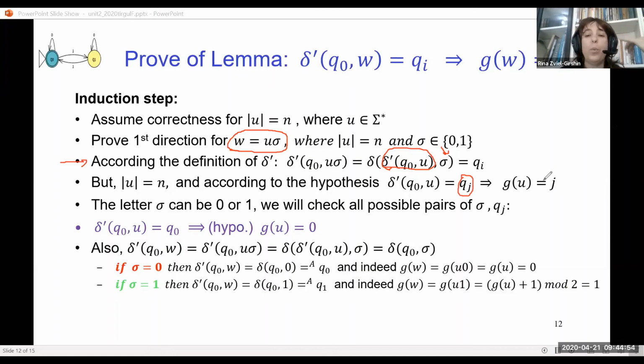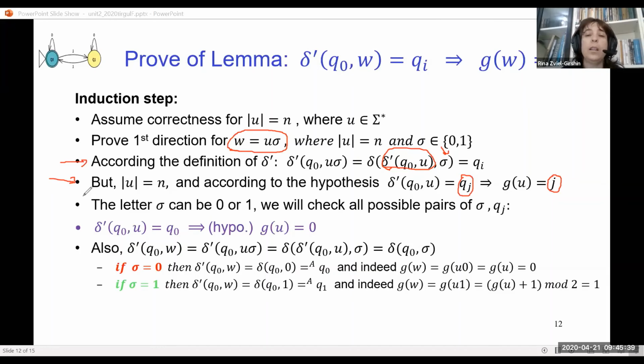So if the number of ones in U was even, I finished reading in Q0, and the function G over U with an even number of ones also should give me 0. If I finished reading U in the state Q1, that means that I have an odd number of ones in U, and that means also that the function G over U should give me 1. So this was our assumption, that for each word of length n the induction hypothesis is correct.